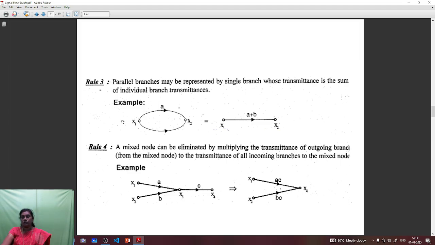And here there are two branches connected in parallel, and the first branch is having gain A and the second branch is having gain B. So we have to add the transmittances. So at the output we will be getting x2, you can write x2 is equal to a plus b into x1. So whenever there are parallel branches, we have to add the transmittances to make it a single branch.